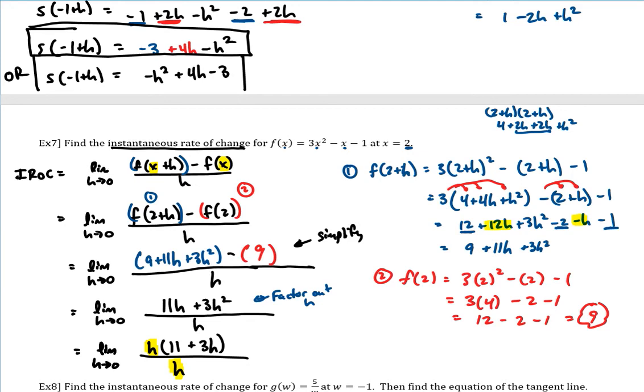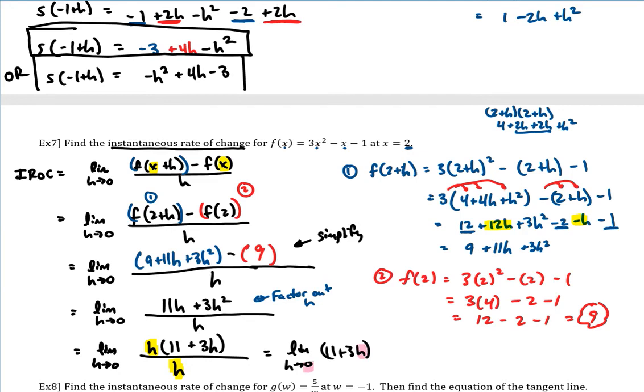Whereas this is 1 term times 2 terms, so this is 1 term by itself, which means it could divide that 1 term by itself. And then now I have just enough room to finish it off. So now the h's are gone, and we're left with just 11 plus 3h, just like that. And then now I can plug in 0 for h.